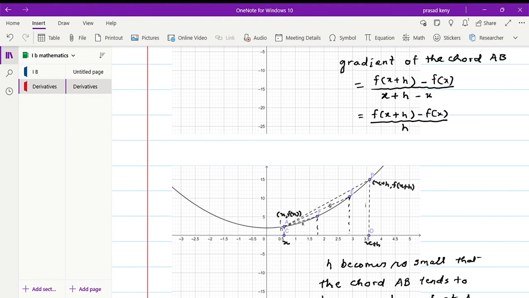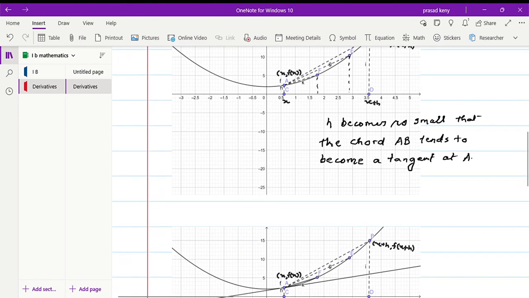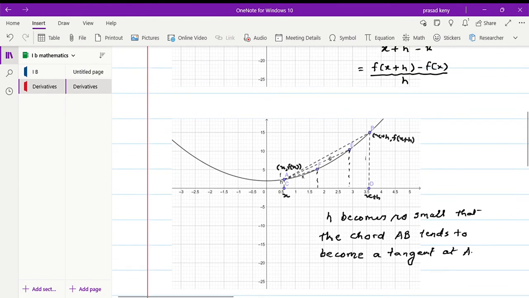So as B is moving towards A on the curve, h is becoming smaller and smaller, and finally h will become so small, I will say that h is tending to 0. In that case, point A and point B both will merge with each other.